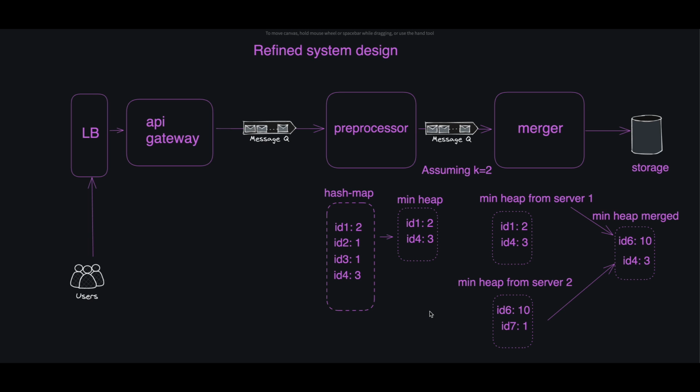All right, now let's recap. We have our min-heap merged. Every minute it's in U1, and we store them in some storage. All right, but how about if we want to calculate top K for 30 minutes or 1 hour or whatever?